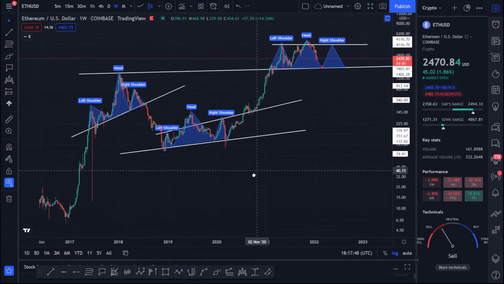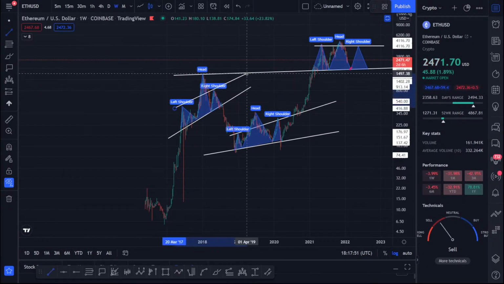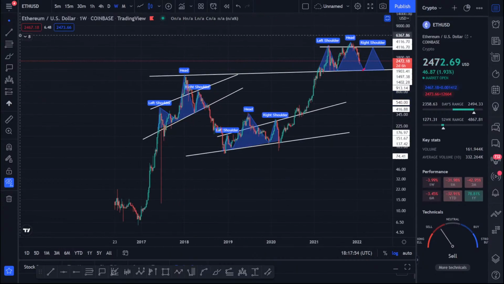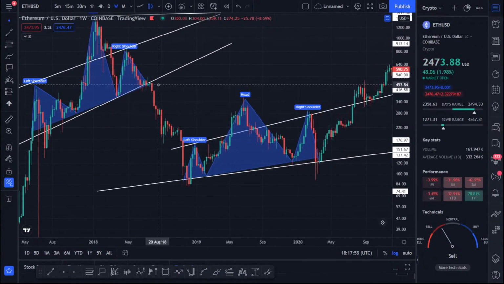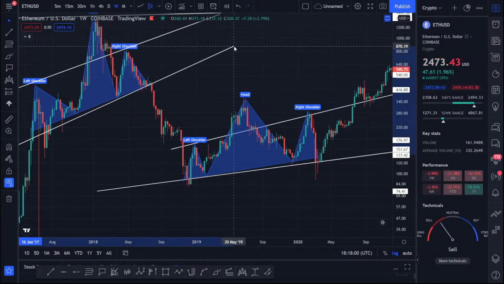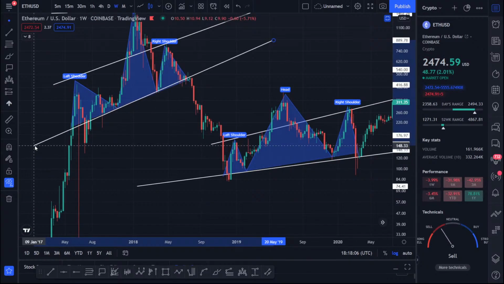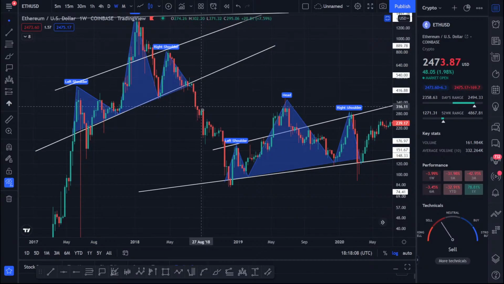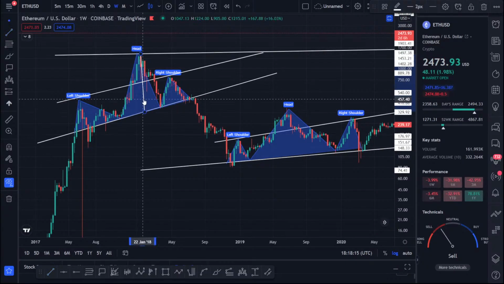If you can spot these patterns, look, that's the resistance. As soon as it broke down, it closed a weekly candle a little bit below this neckline. The price went towards the downside, and they do have technical targets towards the downside. Let's see if it met it.